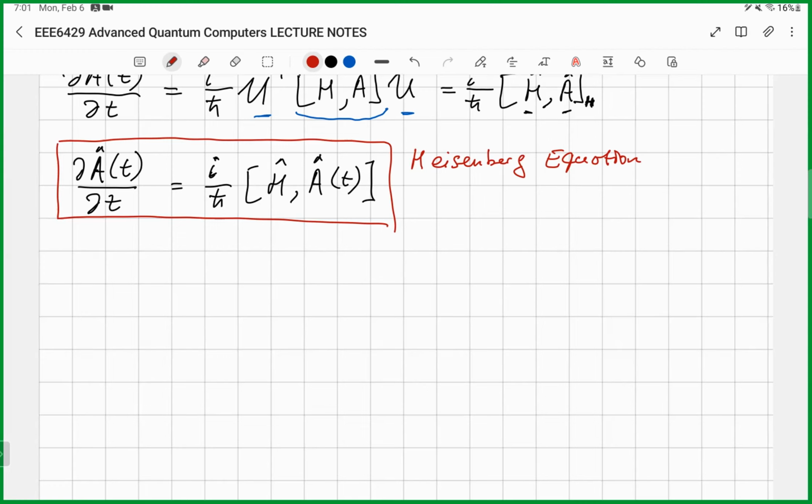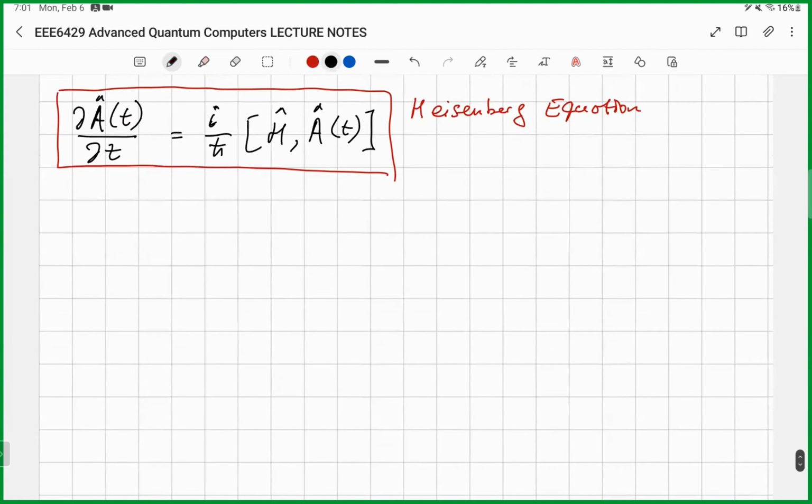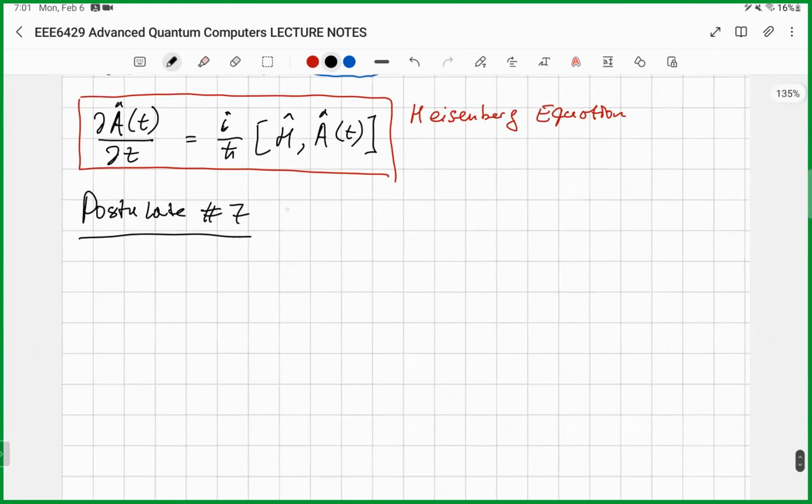To the next one, which is called the uncertainty relation. So the postulate number 7: uncertainty relation, or uncertainty principle.